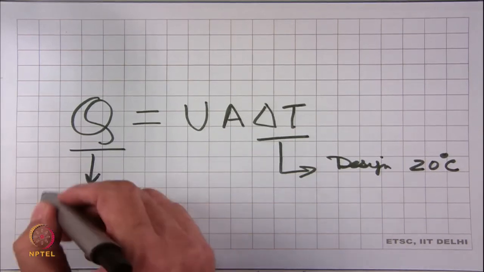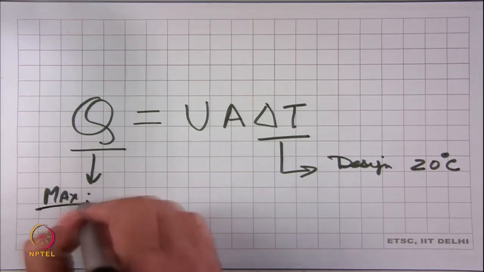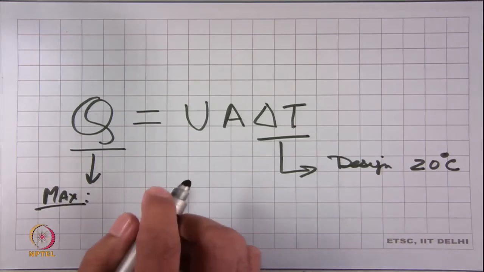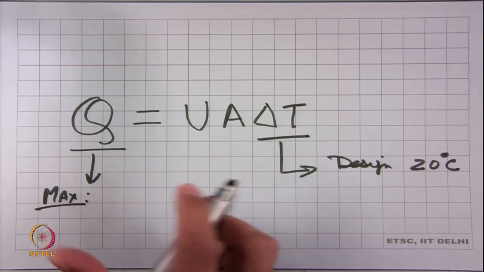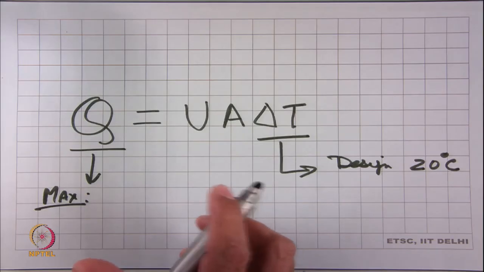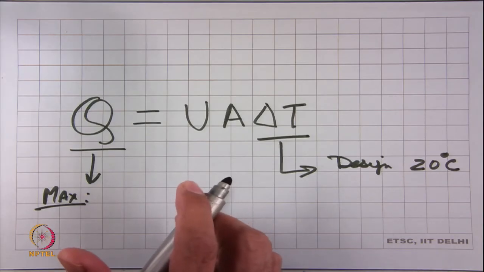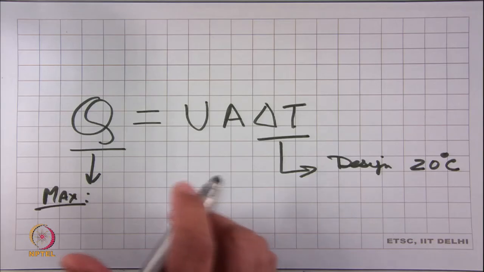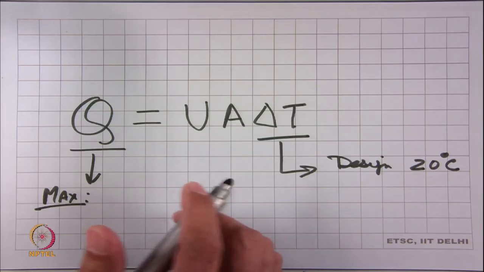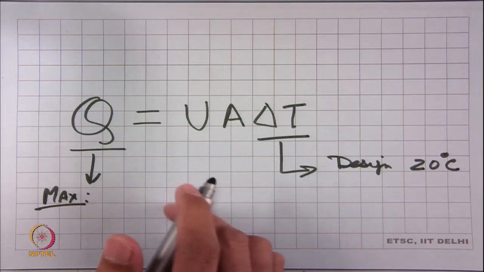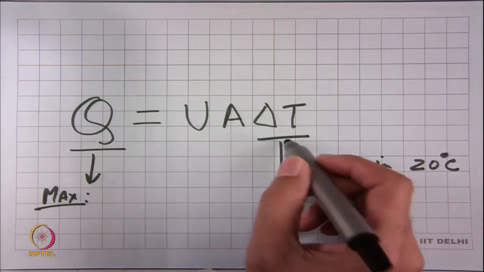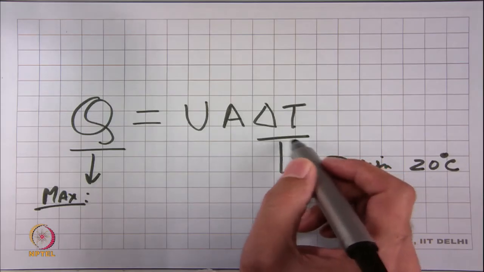It could be maximum if you are taking care of a comfort application, or let us even consider this room, it is comfort plus variation in number of students. When we began, we had about 20 students, and now we have crossed 60 perhaps. So, what happened to the rate of heat transfer that is required by the air conditioner? It has undergone change. So, this delta T will not be a constant, it will be varying.